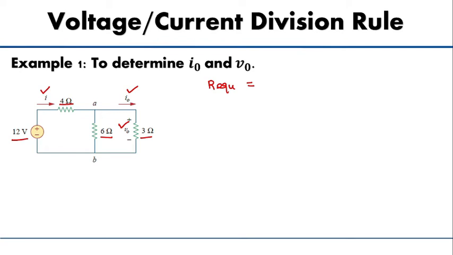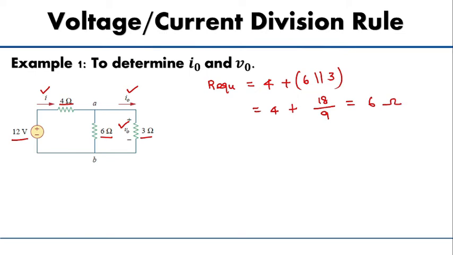The 6 and 3 ohm resistors are connected in parallel, and the resultant equivalent value is in series with the 4 ohm resistor. Therefore, we have 4 plus 6 in parallel with 3, which gives you 4 plus 18 divided by 9, therefore 6 ohm.